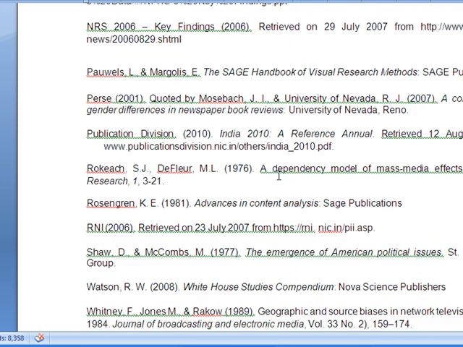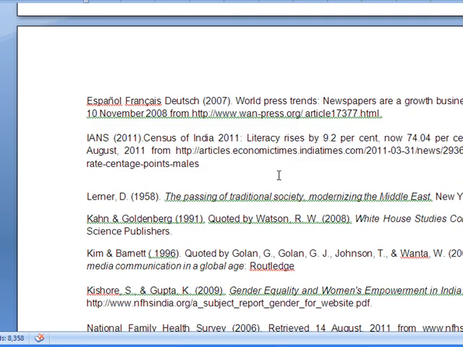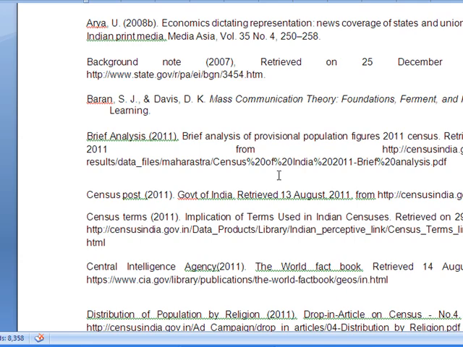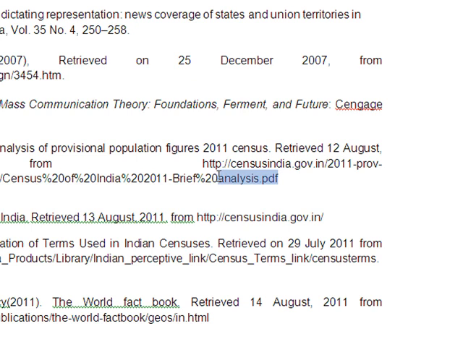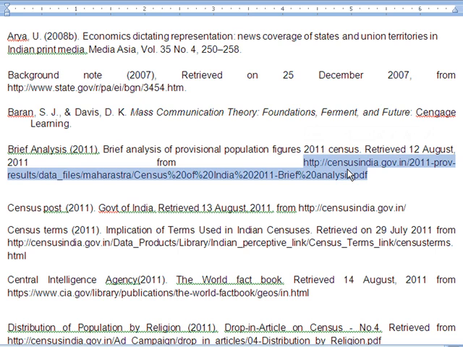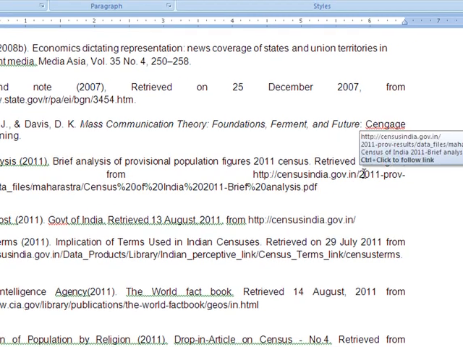If you are getting the reference from some web page and the address or the URL of the web page is very long, then you can shorten this URL by going to tinyurl.com, and then your 2-3 lines would be saved and your URL would be shortened up to this length only.